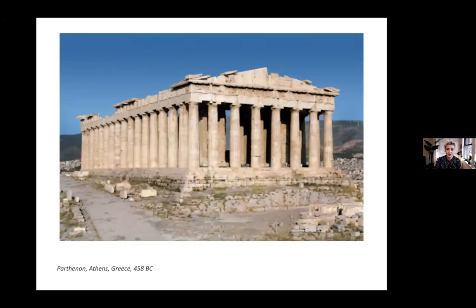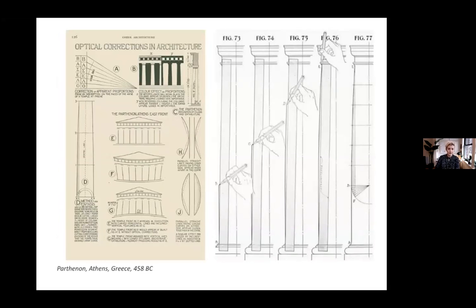And this is achieved by deliberately introducing subtle distortions, which are called optical refinements. For example, to avoid the apparent sagging effect of the base of the facade, it is curved and is higher at its center, just marginally, than the corners.